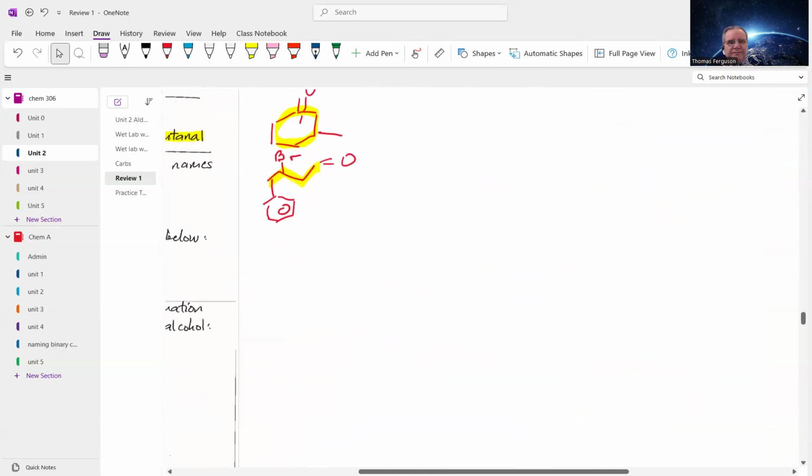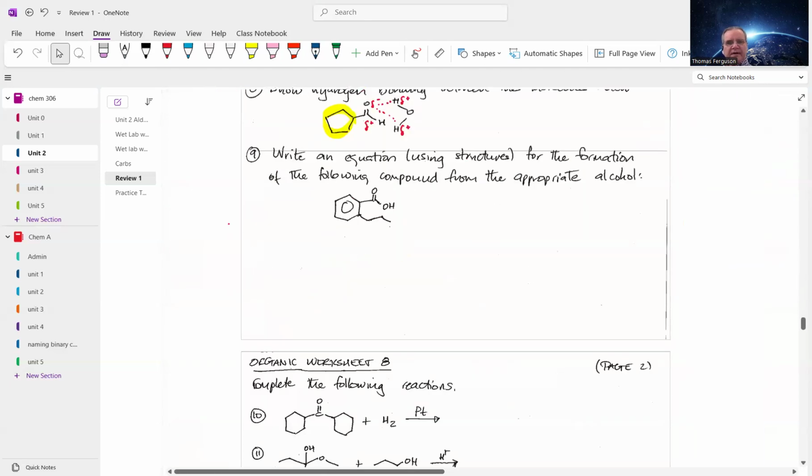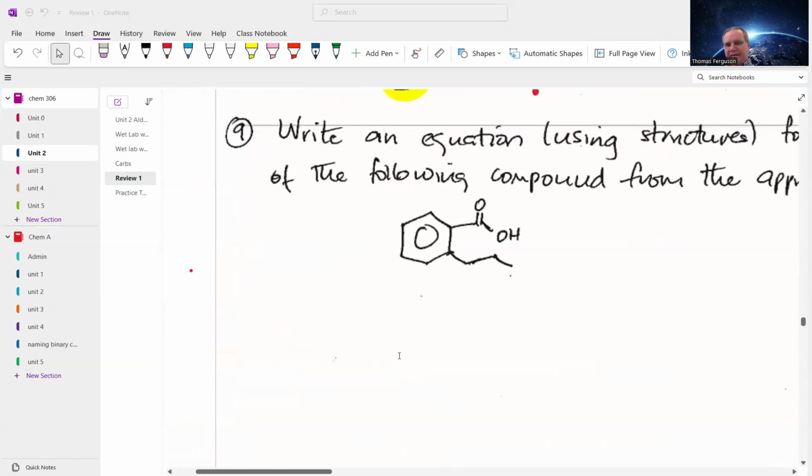Okay, so let's go back to here. Okay. So we're going to start with an alcohol, and we need to start with the basic carbon backbone. So this guy here would be the primary. And then we have a branch off of that. So we want to start from the alcohol with the same structure, basically, okay?